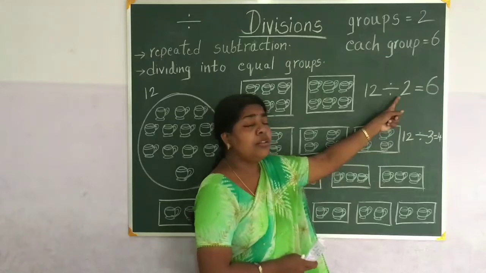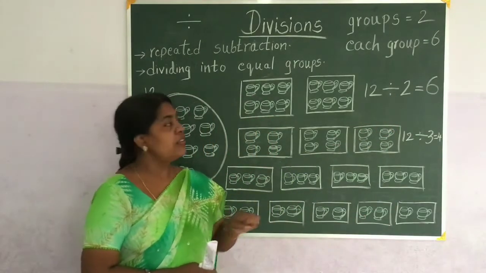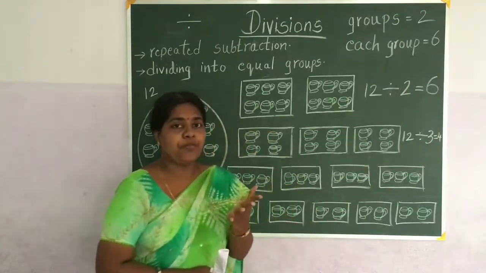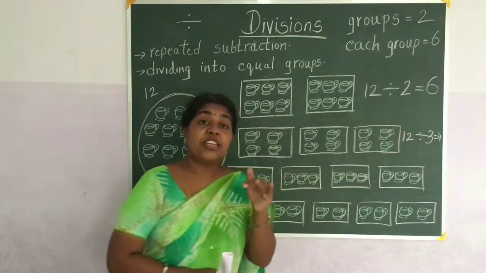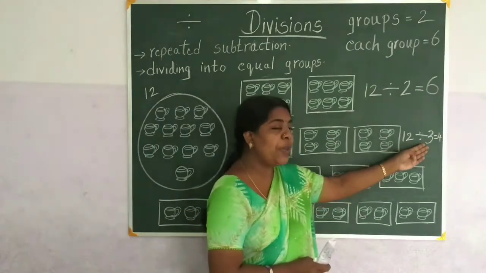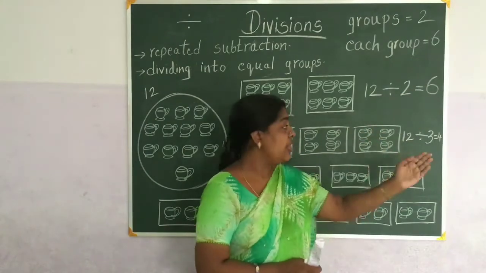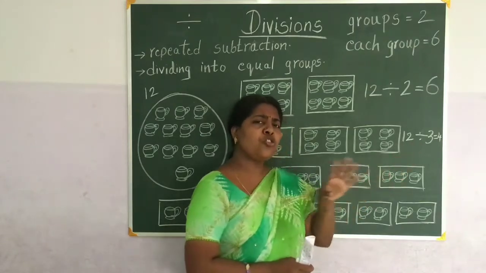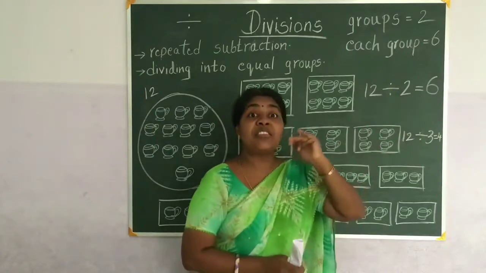When the groups are less, here the groups are 2 only, but here the groups are 3, the number of objects in each group increases. Here the groups are 3, so in each group there are only 4. Here the groups are only 2, so in each group we are having 6 cups.